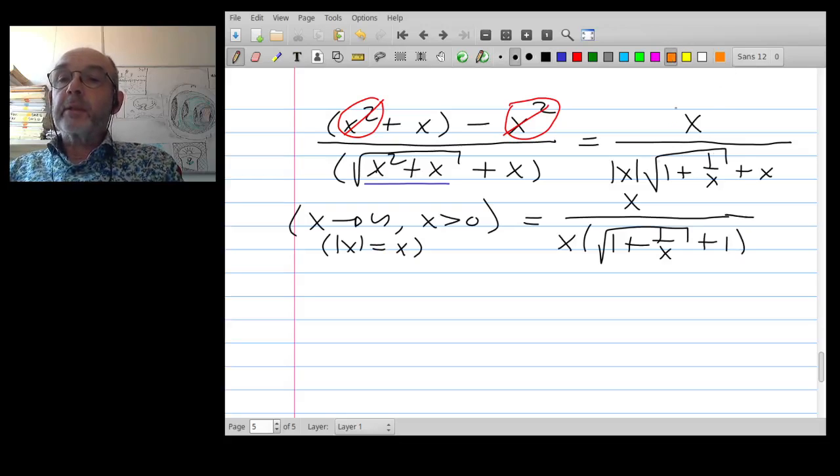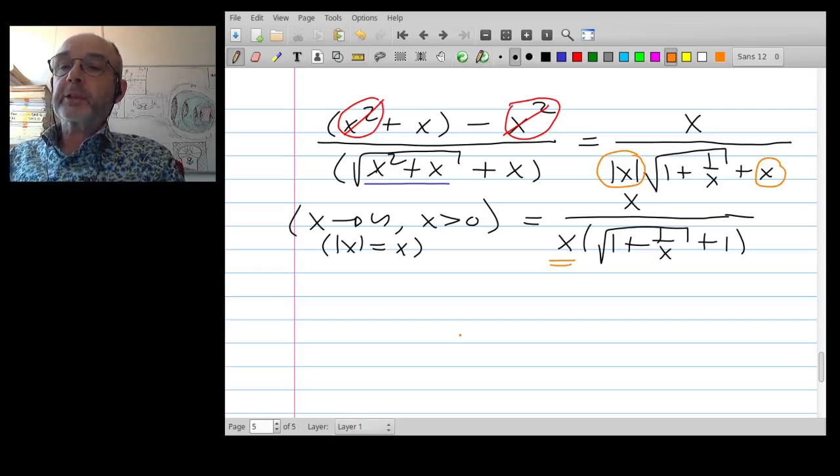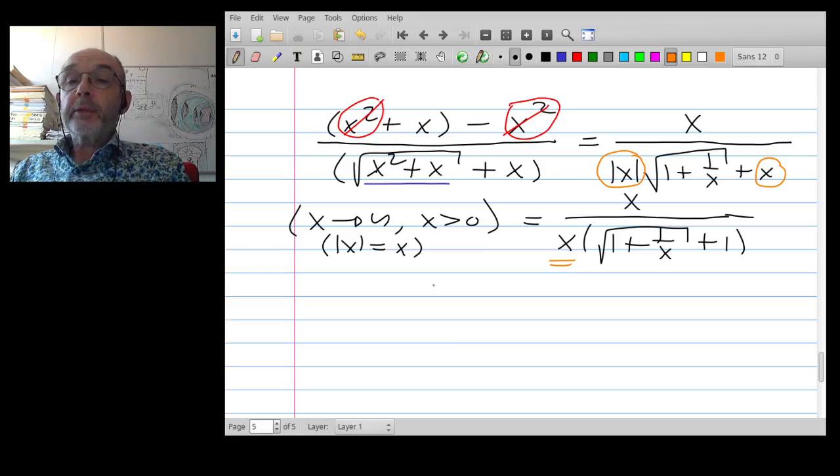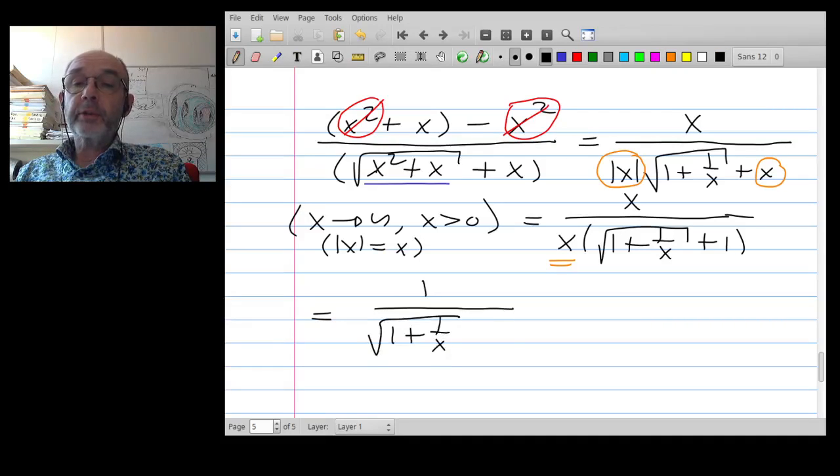I see here the absolute value, I see here my x, and that I have got outside the brackets. And so I get here 1 divided by 1 plus the square root of this one plus x.